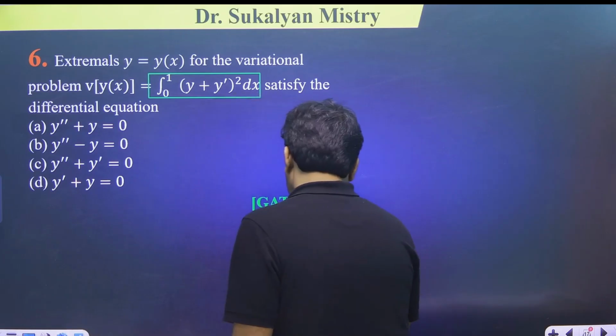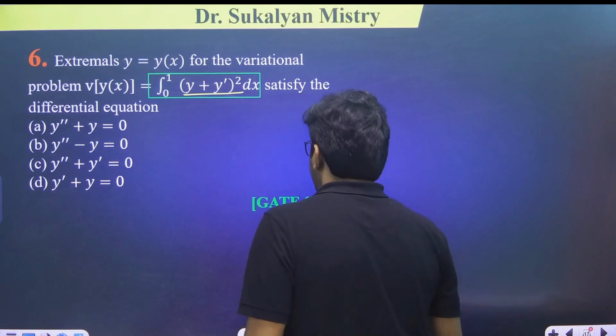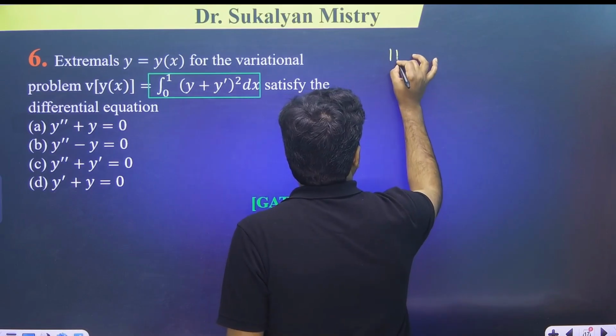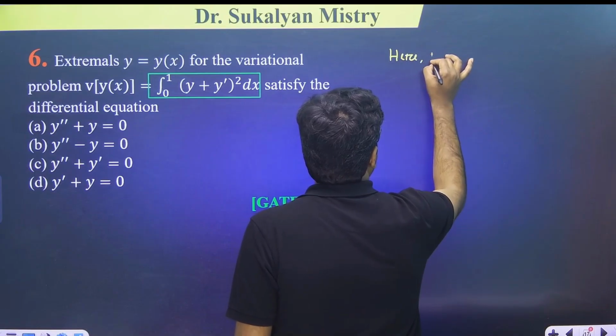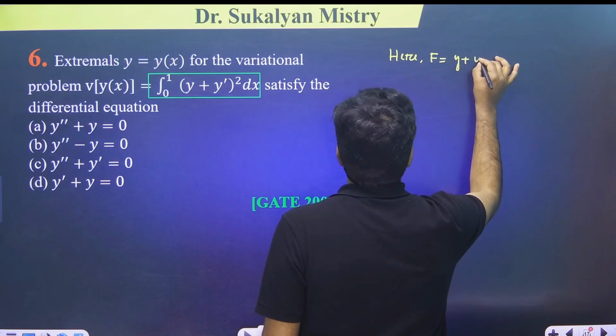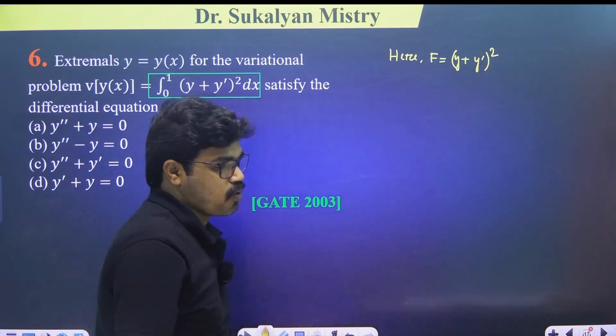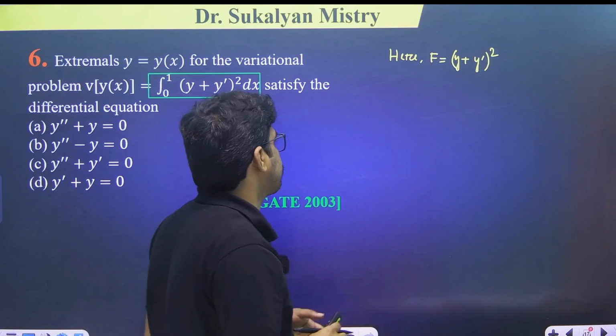So here f is equal to y plus y dash square.